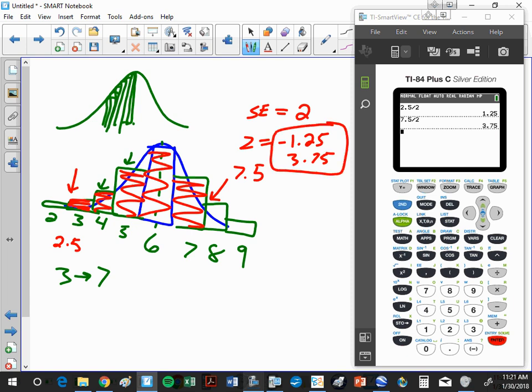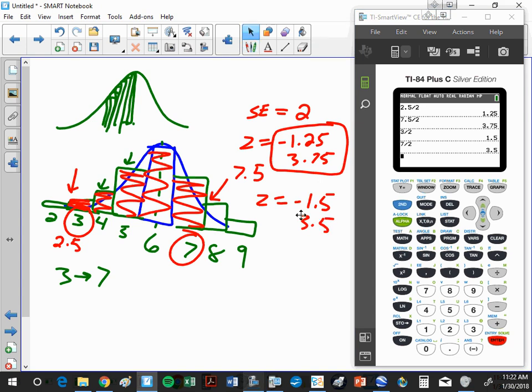Okay? If we don't use edges, then I would use 3 and 7. So 3 divided by 2 is 1.5. So z equals negative 1.5. And 7 divided by 2 is 3.5.